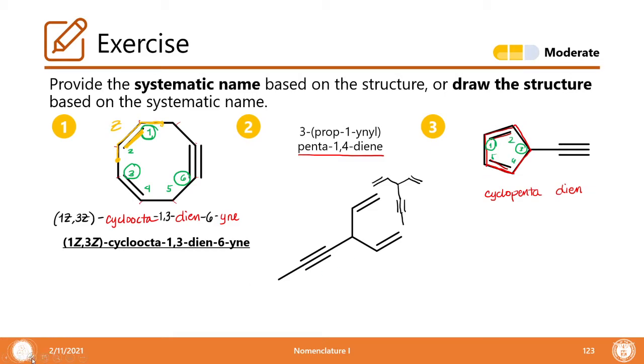However, if I'm not mistaken, we cannot do that because we have to imagine that the substituent, which is our ethenyl, or rather ethynyl, with the two carbons.